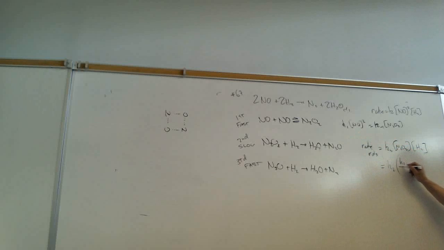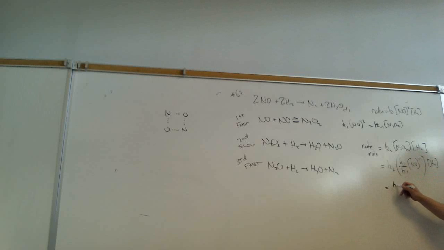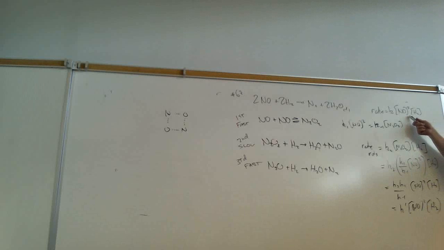That's K1 over K minus 1 NO squared H2, which gives us K2 K1 over K minus 1 NO squared H2, which is just K prime NO squared H2. So second order in NO, first order in H2, which happens to agree with this.